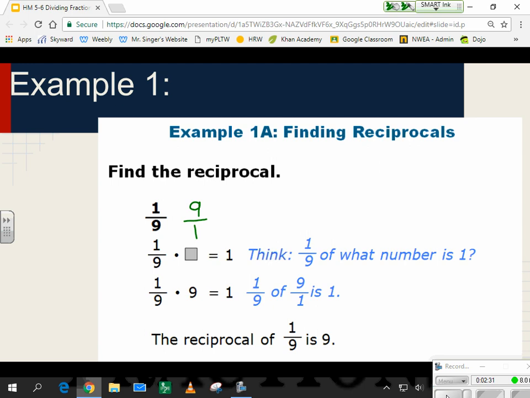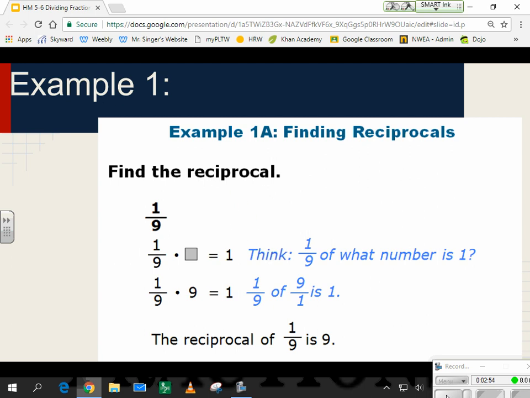But we don't have to have the over 1 because whenever you have a number with the denominator 1, that makes it a whole number. So really it's equal to just 9 or 9/1. You could do both of those. Okay? You can write this down as an example in your notebook before moving on.